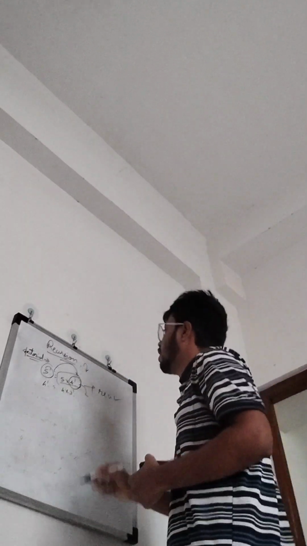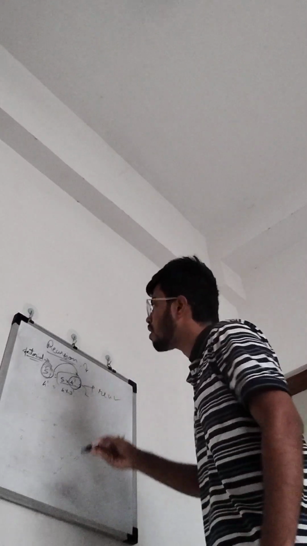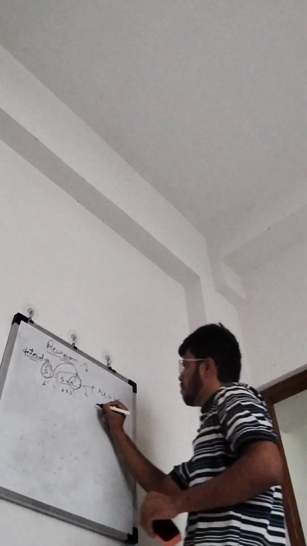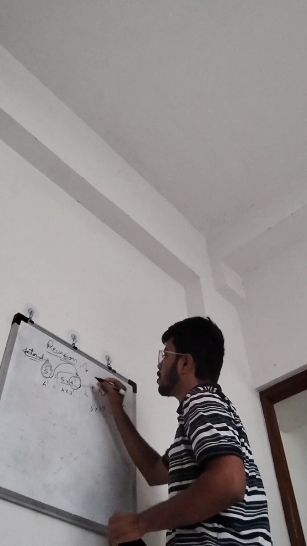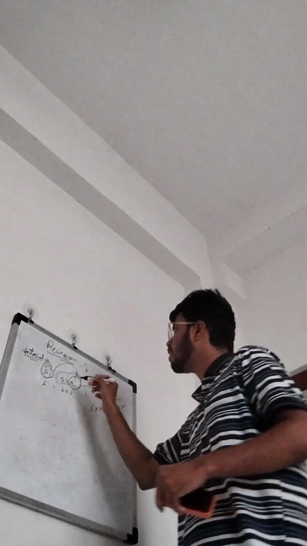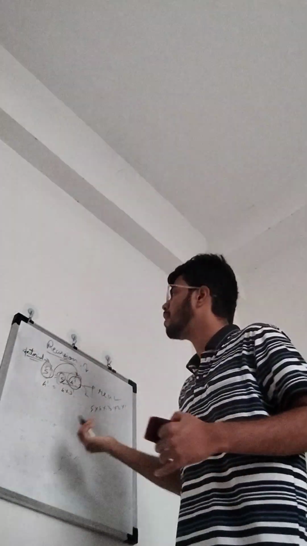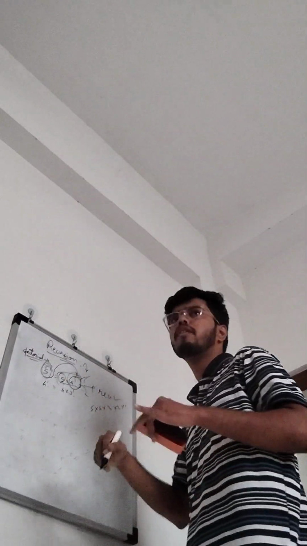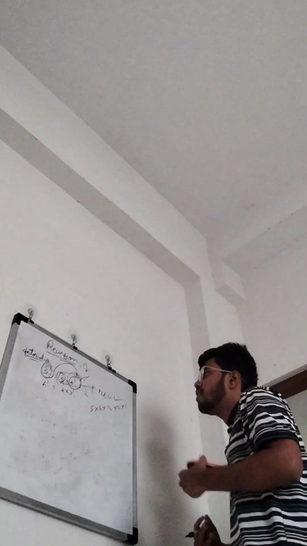When you want to evaluate 5 factorial, you don't multiply 5 into 4 into 3 into 2 into 1. You just have the 4 factorial value evaluated and multiply. Recursion is also applied in dynamic programming, where you store the value of 4 factorial for future uses also. That's why it is an important thing.